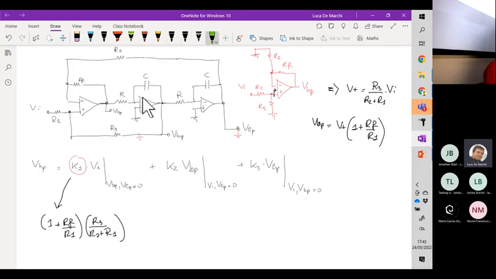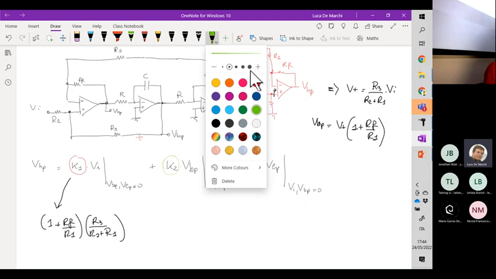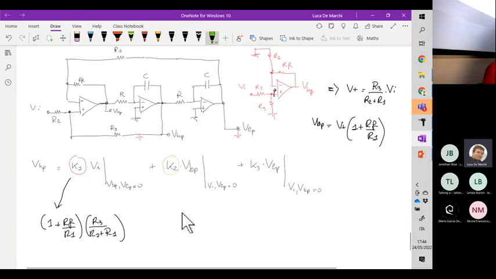Now let's focus on K2. The circuit related to K2 is a circuit in which VI is grounded and also the low pass terminal is grounded.